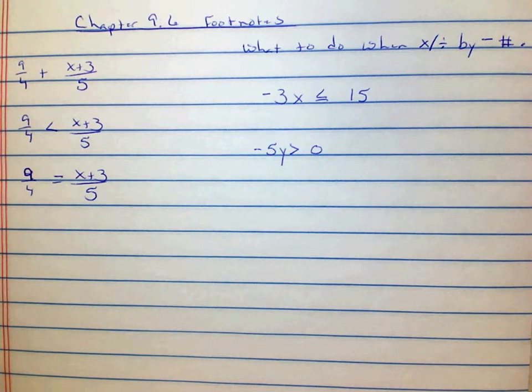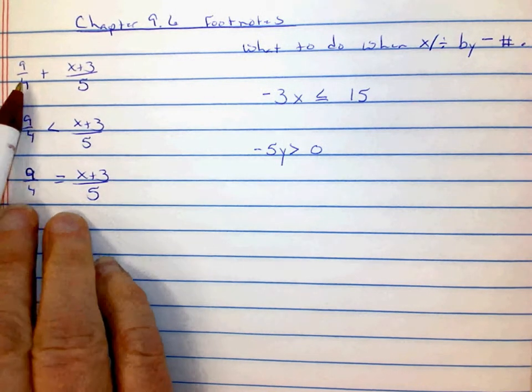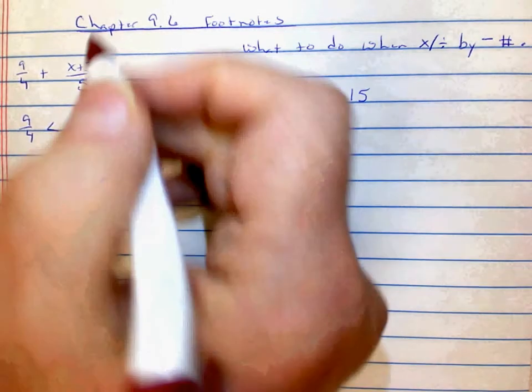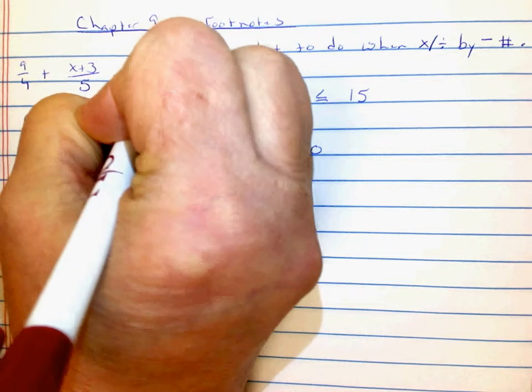Guess what, guys? I got so focused on the equations of the inequalities that I completely forgot about two really important pieces of information. One, when you've got 9 over 4 plus x plus 3 divided by 5, this is called an expression.